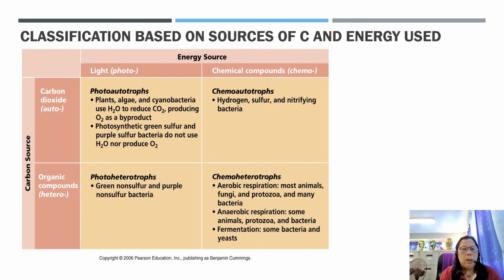And then for those who make use of carbon dioxide, they are called autotrophs. So the light needing bacteria that require carbon dioxide are the photoautotrophs. And then for those that require chemical compounds, they are called chemoautotrophs. But those that make use of organic compounds, not carbon dioxide, are called heterotrophs. So if they need light, they are the photoautotrophs.